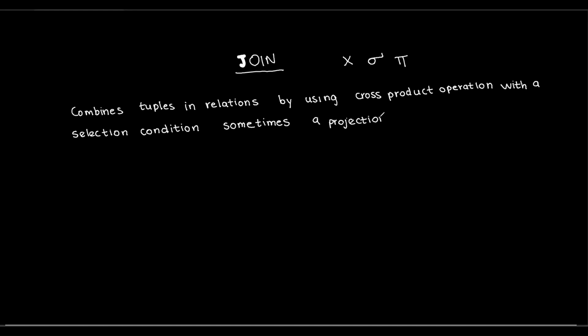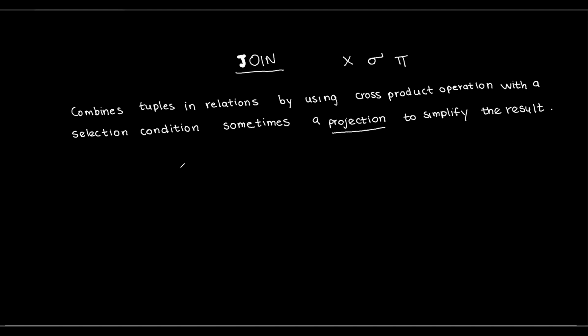And why do we use projection? To simplify the result. We know that cross product is a little bit confusing operation. Why? It combines every single tuple in one relation and pairs it with every single tuple in another relation, which means common attributes may repeat. I have already told you about that in the cross product explanation.